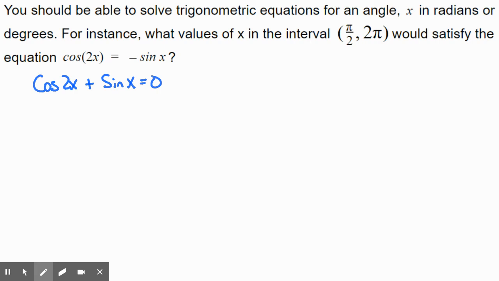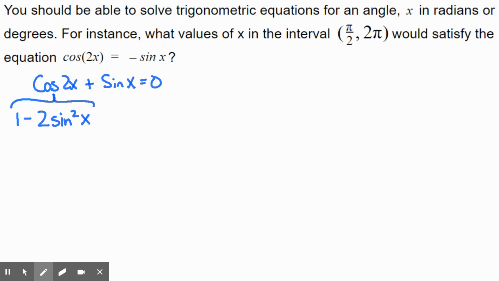Now, here is something that you need to know. Cosine 2x has an identity: cosine 2x equals 1 minus 2 sine squared x.